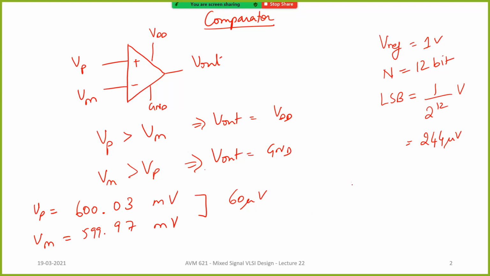For example, if the open loop gain of the op amp is 60 dB, which is what some of you had designed last class, that is basically 1000, right? If you multiply by 1000, 60 microvolt becomes 60 millivolt. Some of you designed a 70 dB op amp, so that becomes some 180 millivolt or something, right?